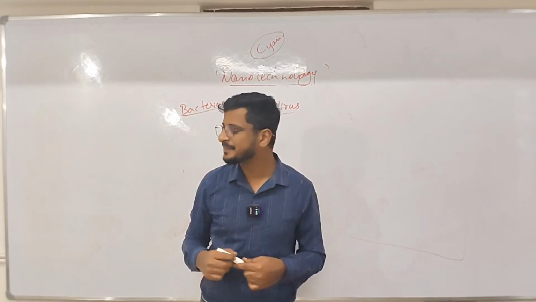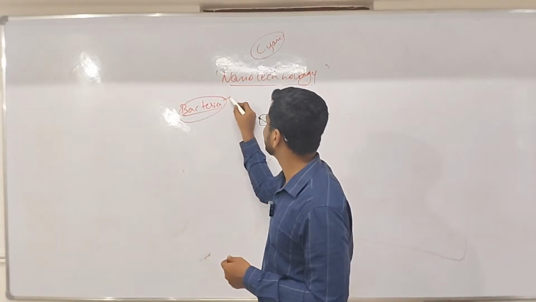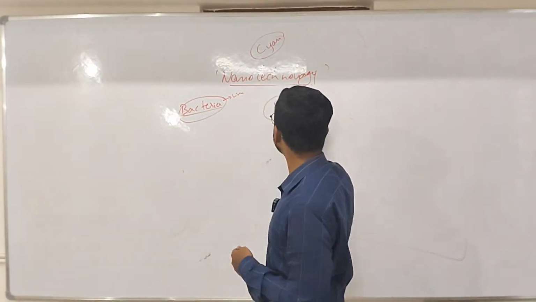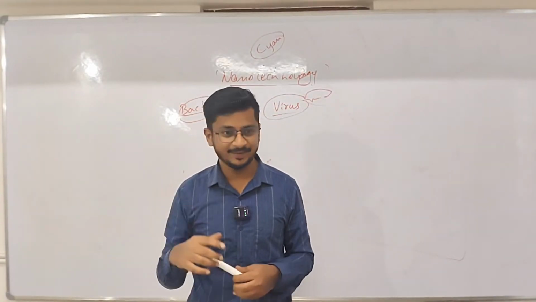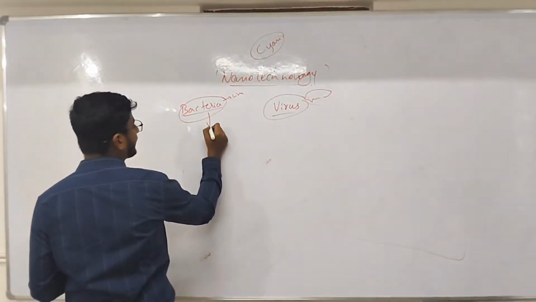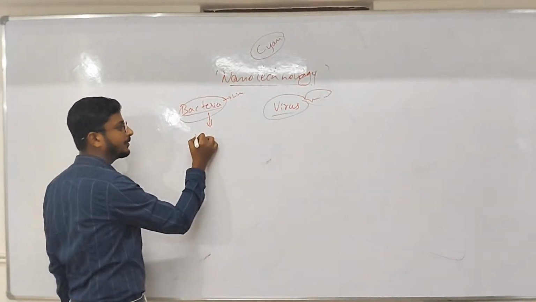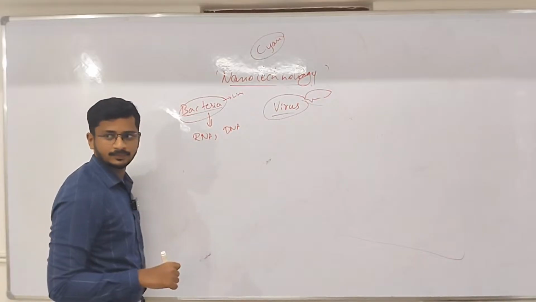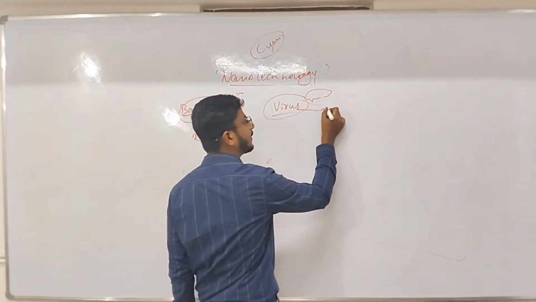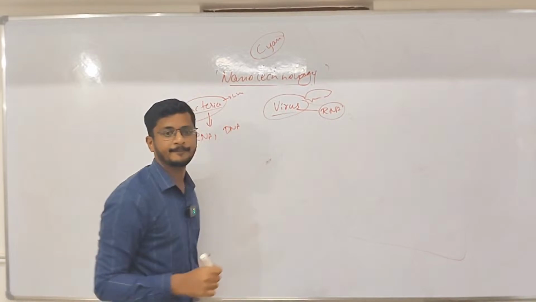You know what? Bacteria is a living thing. Virus is non-living. It is a non-living thing. Bacteria may have RNA or DNA also. Virus has only RNA.